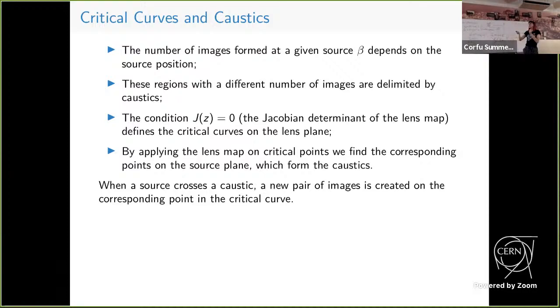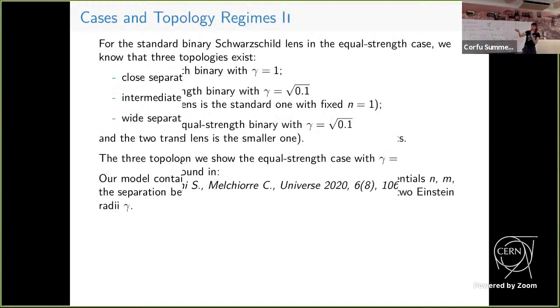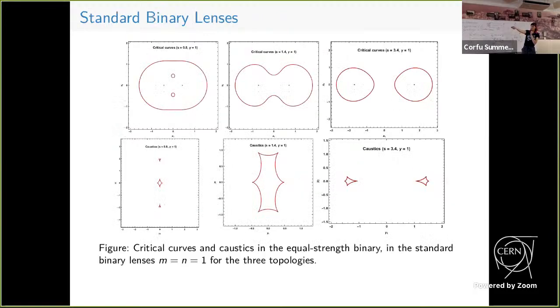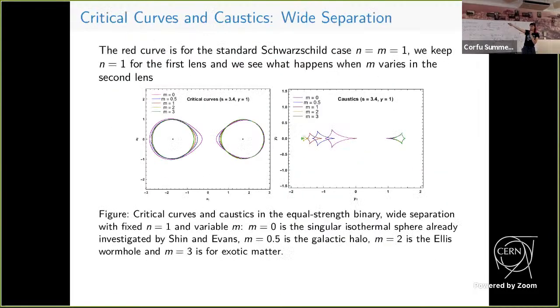And starting from the critical curves, we then find on the source plane the caustics. The caustics are this one below, or in this case on the right. The caustics are important because when a source crosses a caustic, there is a creation of a couple of images of the source we are observing. This is the importance of it.